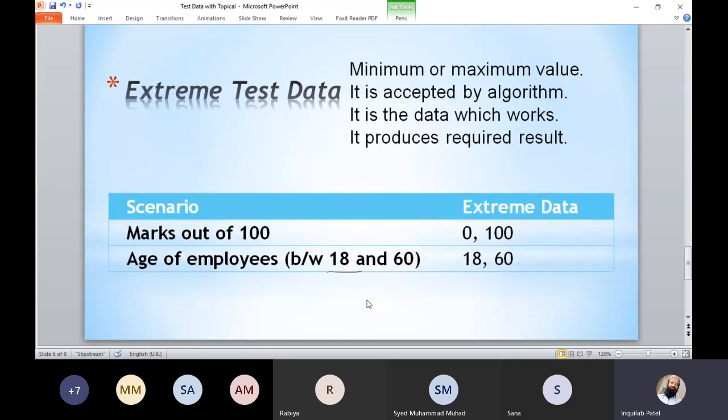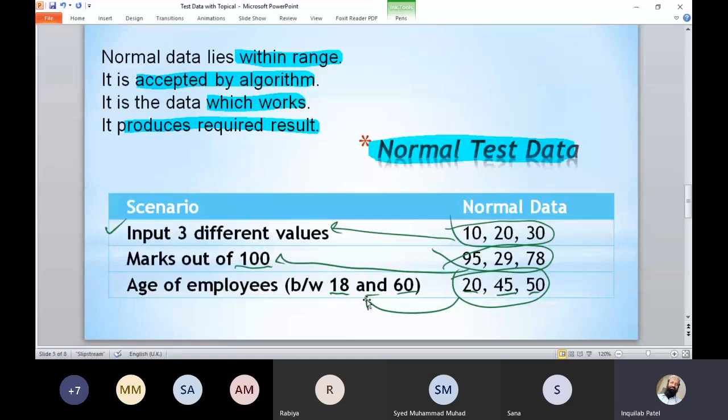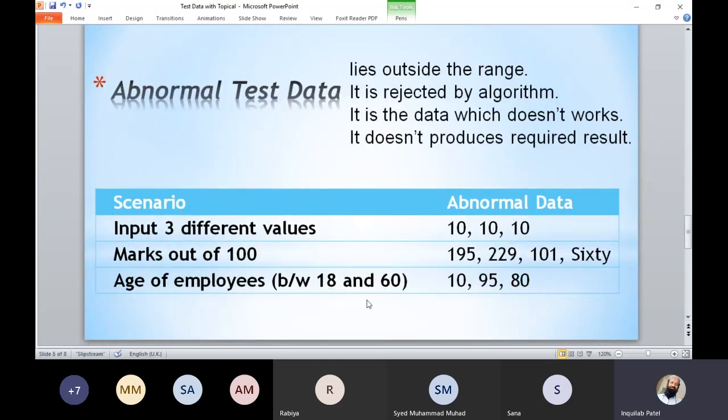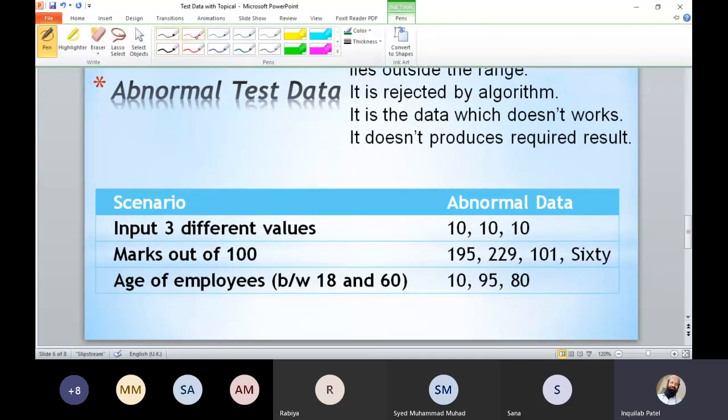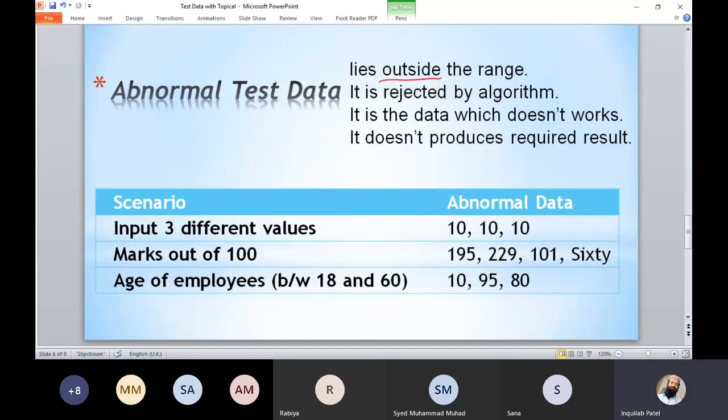Normal data is data which is inside the range, which is accepted by the algorithm, which works and which produces the required result. So data which is outside the range, which is rejected, which does not work and does not produce the required result is considered as abnormal data.